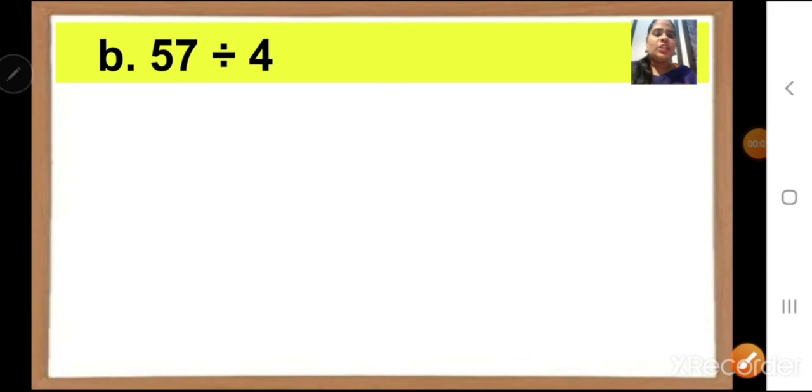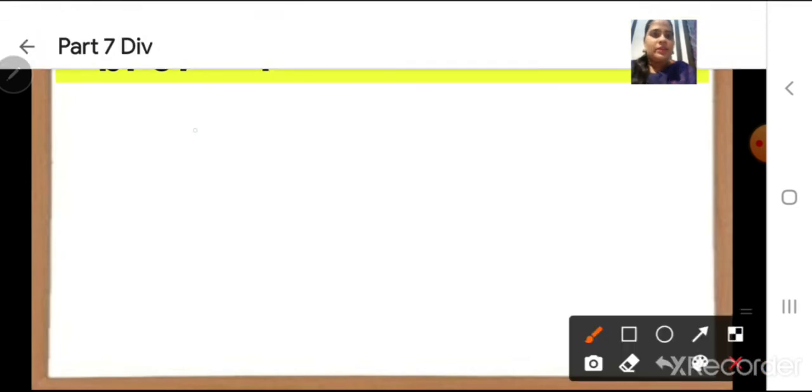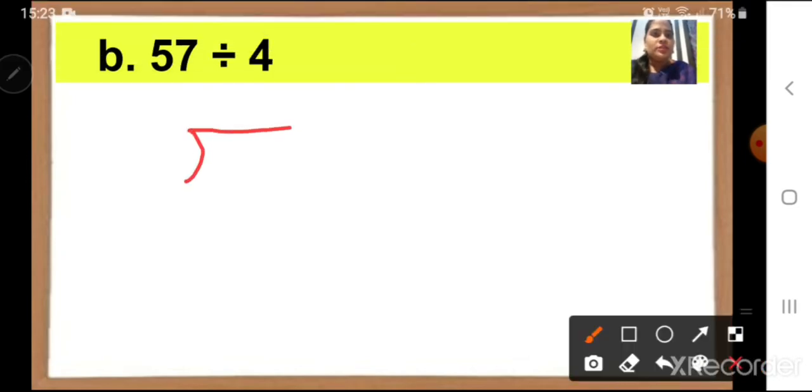Children, now B1 is 57 divided by 4. Okay, so let us start. First we will draw the bracket, then write number 57 inside and number 4 here outside. Okay, children, now the first number is number 5, correct? So we can divide.